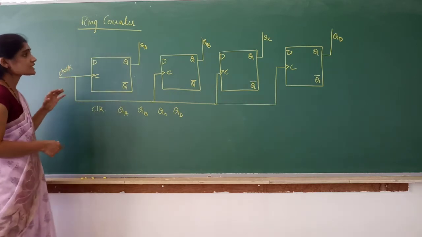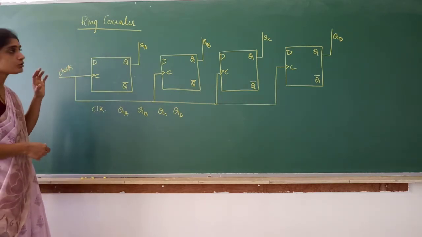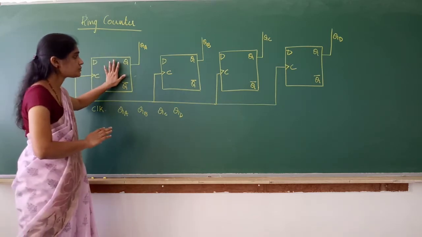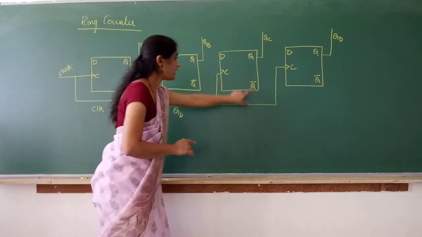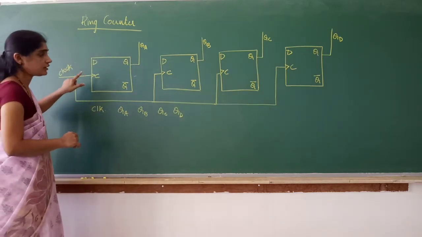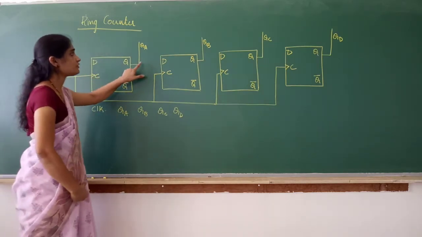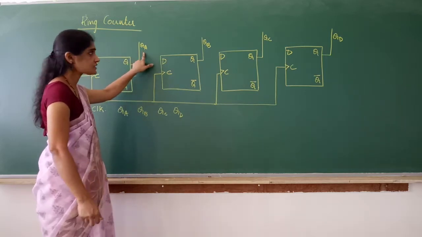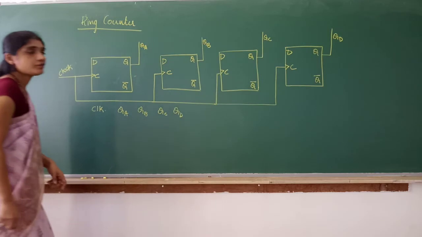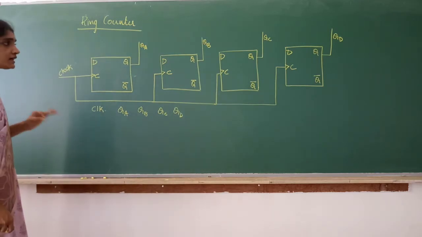So first I will take an example. I will take ring counter circuit. So I still have not written the circuit. I have kept 4 D flip-flops and I have connected only the clock pulse to all the 4 D flip-flops. So the output of first D flip-flop, I denote it as QA, this is QB, QC, QD. Okay. So 4 D flip-flops I have taken. What is ring counter?